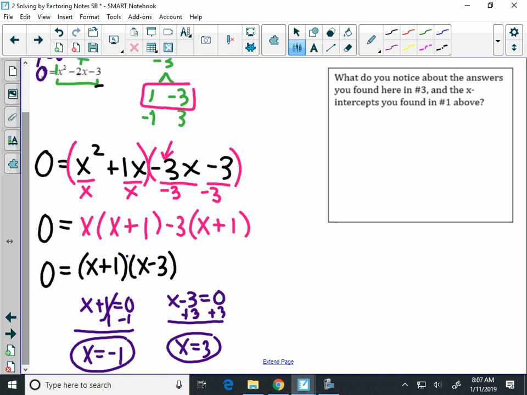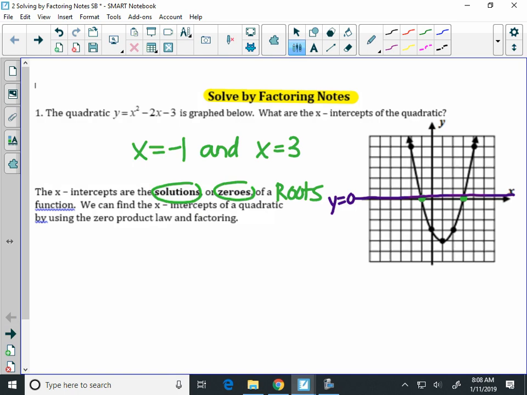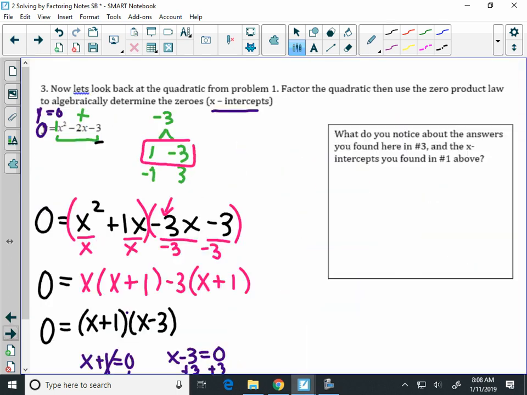Now the question is, what do I notice about these answers, -1 and 3, and the x-intercepts from up here? Well, notice the x-intercepts up here were -1 and 3, which means that solving by factoring gave us the same answers.